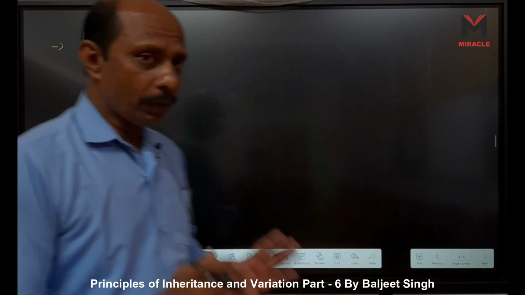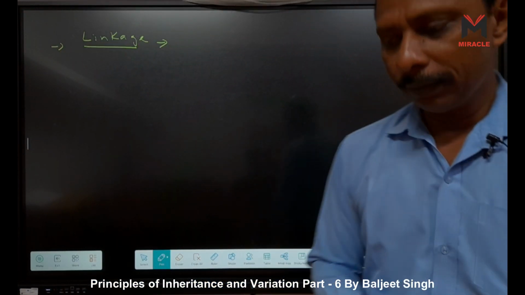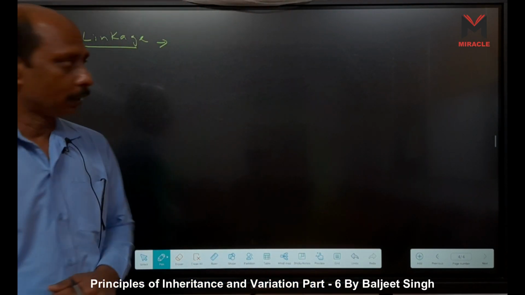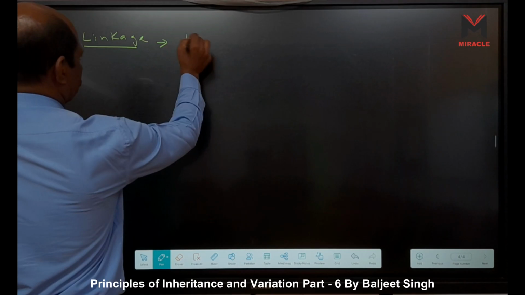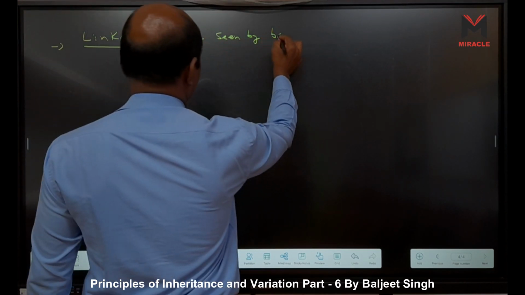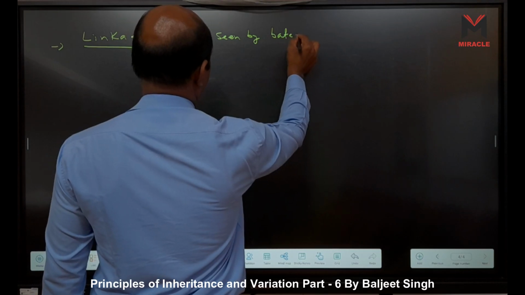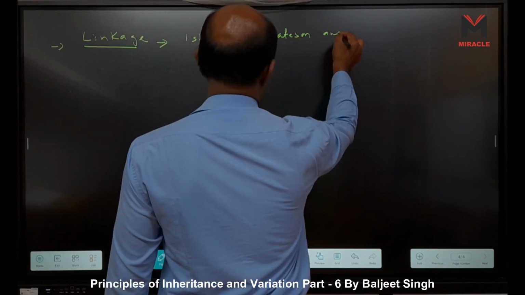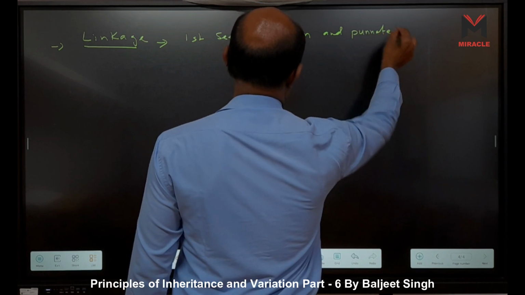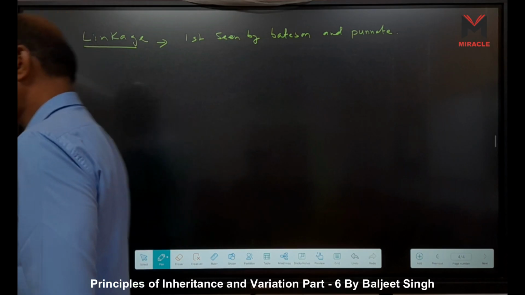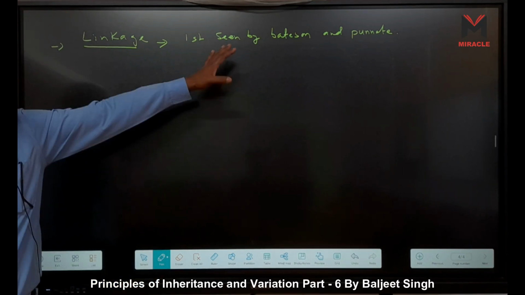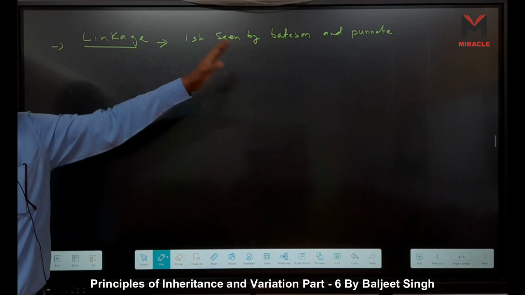Linkage was first seen by Bateson and Punnett. But they did not give the name linkage.